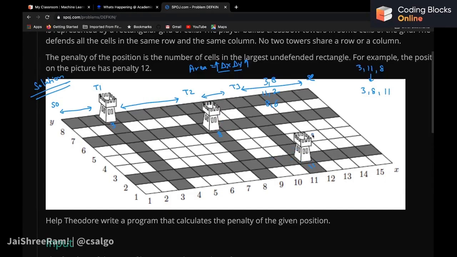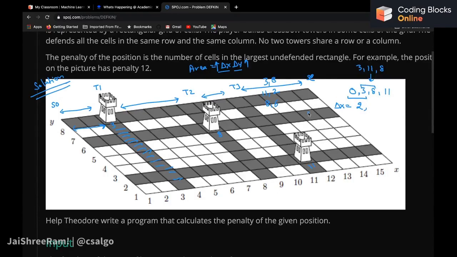Similar thing we will also do for the y axis. If I want to find out this width, I will subtract the starting coordinate, which is 0. The third strip is defended, so we will subtract 1. So this delta x will be 3 minus 0 minus 1, that is 2.